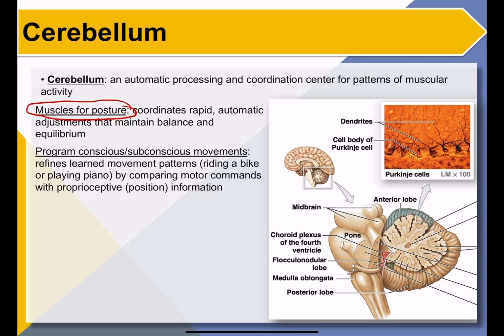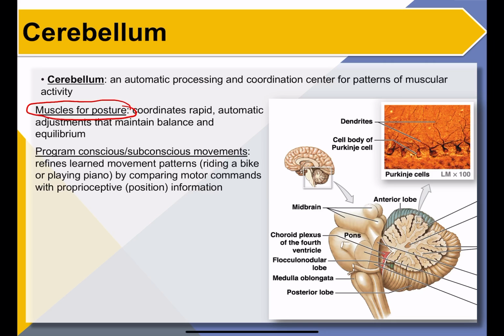The cerebellum is also in charge of programming conscious and subconscious movement, both of them together, because sometimes you need both in order to accomplish a skill. So for example, when we're learning how to ride a bike or play the piano, the first time we try doing it is usually very choppy. For riding a bike, we may even fall the moment we try to put both feet on the bike pedals when you were a child, or if you learned it when you were an adult.